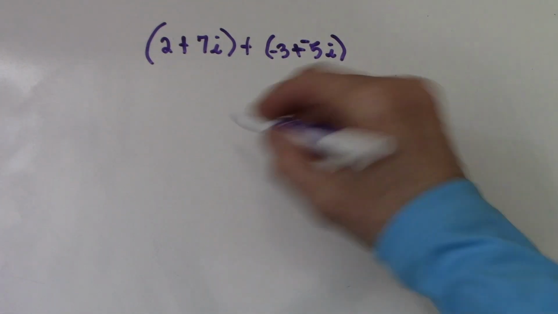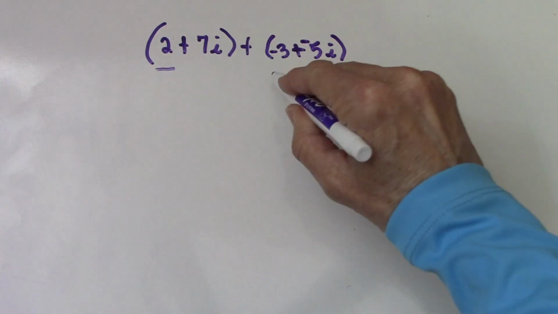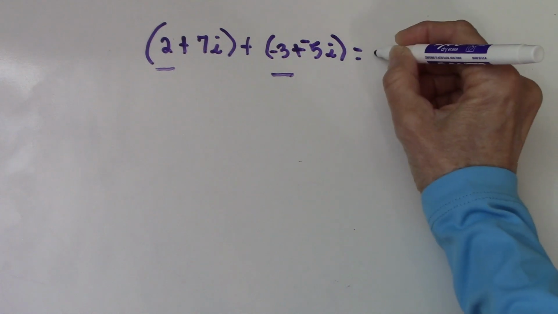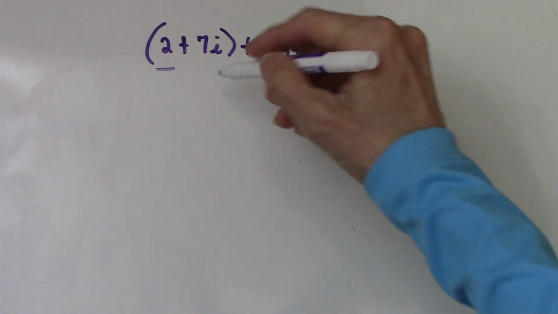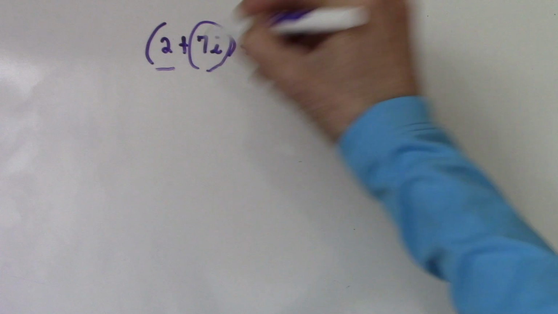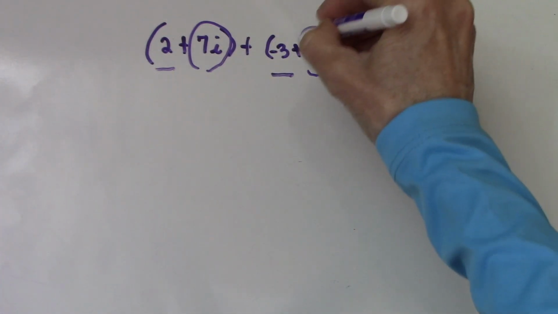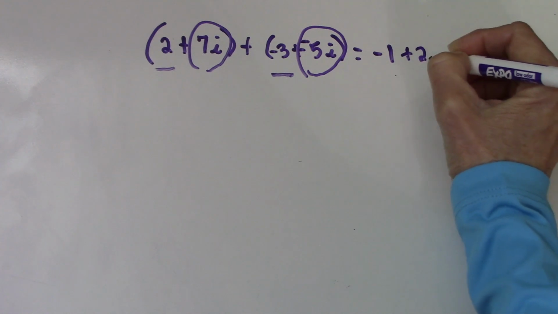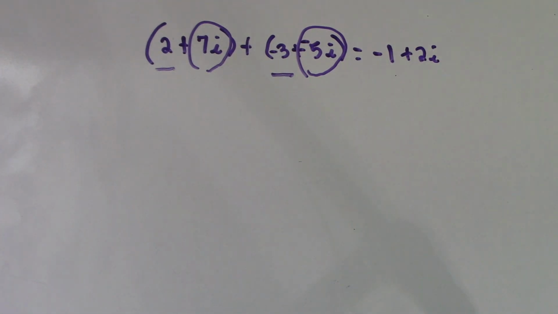So now for my like terms, I have 2 and -3, and this gives me -1. And then I have 7i and -5i, and that gives me plus 2i. So we just distribute the negative, and then we combine like terms.